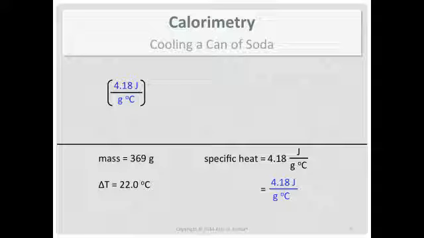So when you're done, do you want the heat units in the numerator, like this? Or do you want the heat units in the denominator, like this? Are you going to multiply, or are you going to divide by the specific heat capacity? Well, you want it like this, because you want the heat units in the numerator.